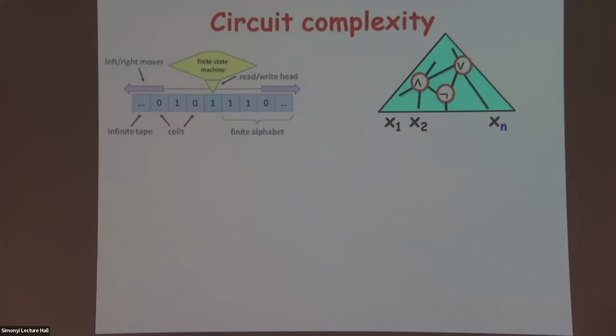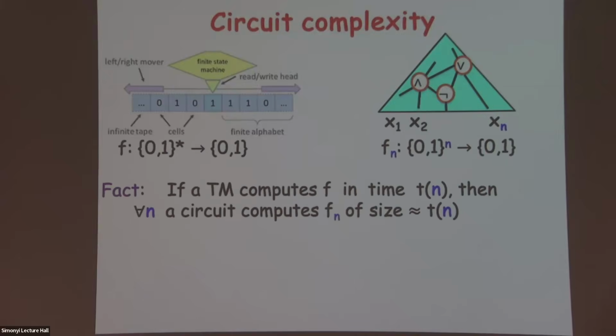It's very simple to see that if some function is computed by Turing machines, and Turing machines can handle data of any length, while circuits are hardware of fixed size, so they take n bits, then you can take this function and look at its n-bit projection for any n. If there's an efficient algorithm for this function by a Turing machine, let's say in time t, it's very easy to see that there is a circuit of size t of n for every n. So there's a family of circuits that can simulate this Turing machine. The limitation is only that circuits are finite.